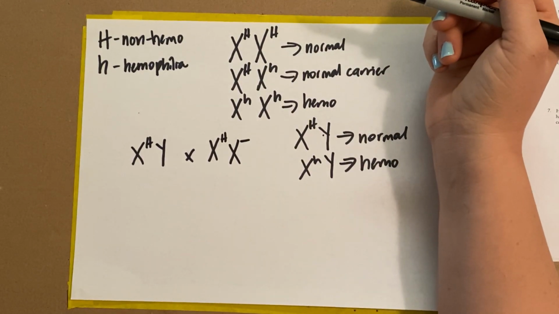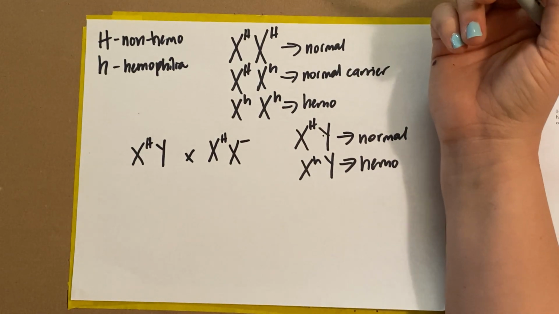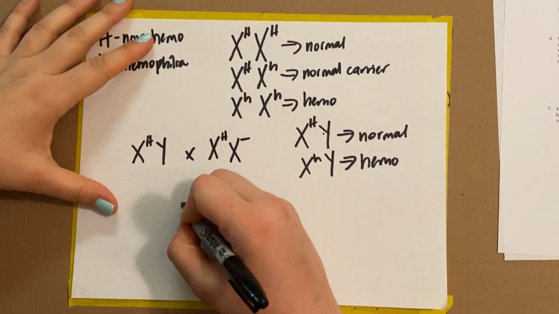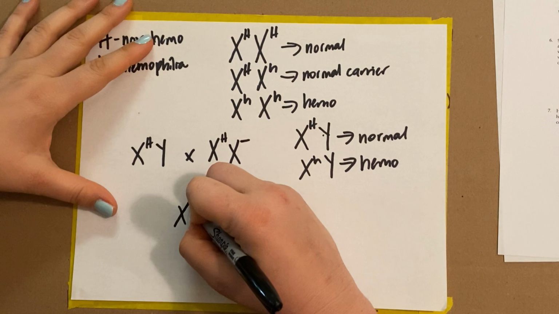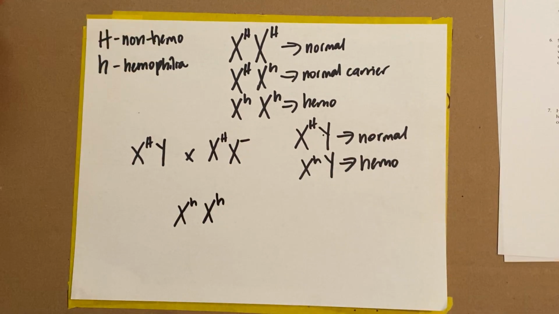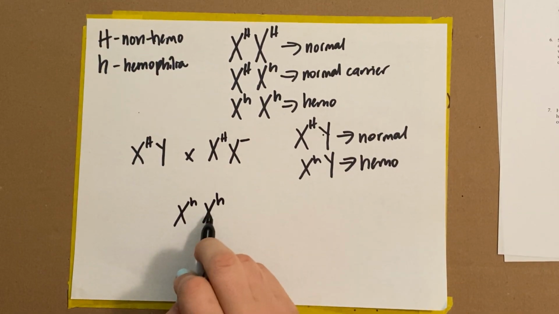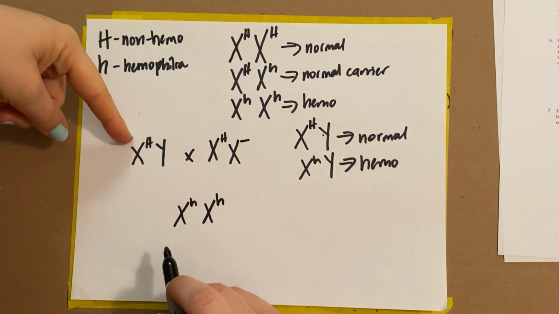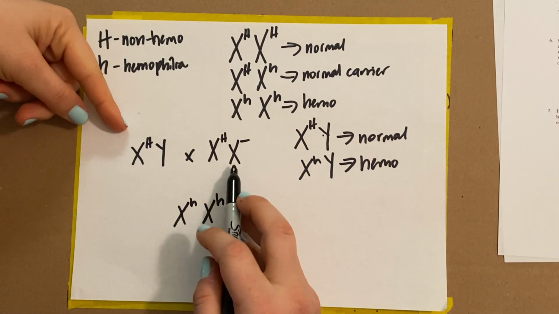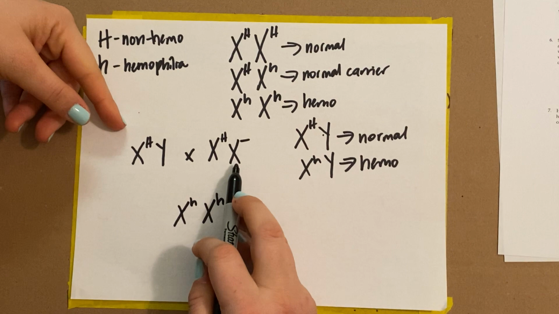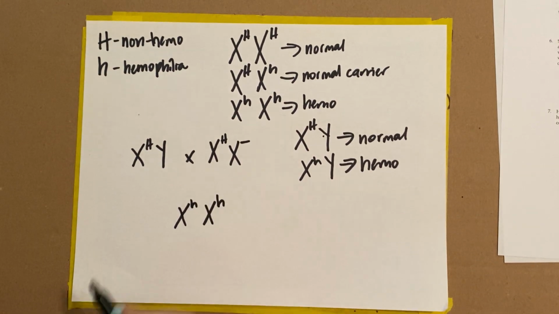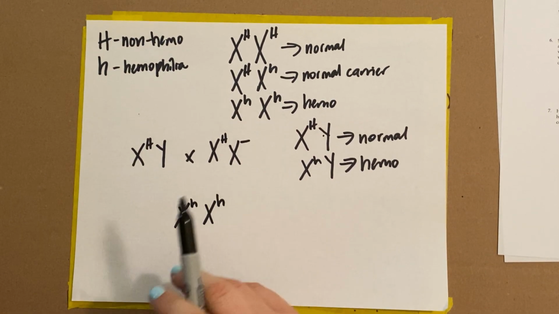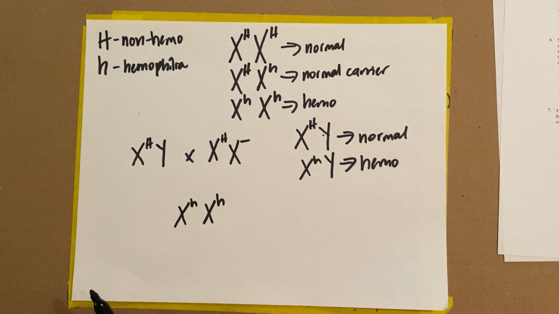And it says that they have a daughter who's a hemophiliac. So they have to produce a child that has this. This is the only way for a child to be hemophiliac. The father thinks that the woman cheated on him, and the question is, is there evidence that this is true? And there is.